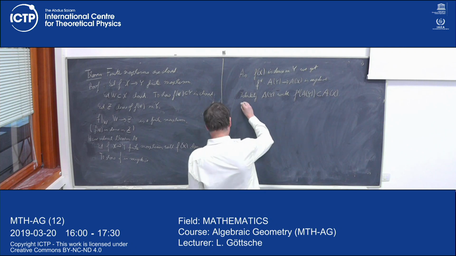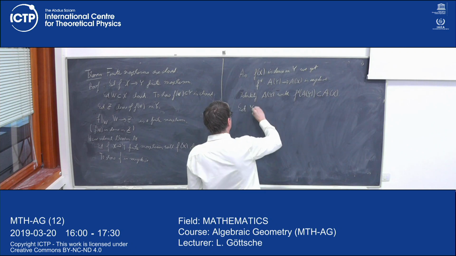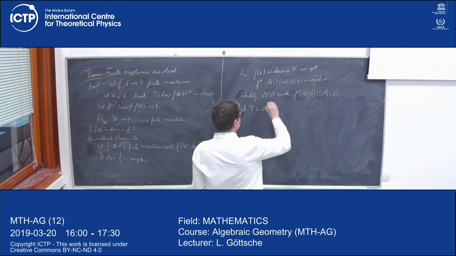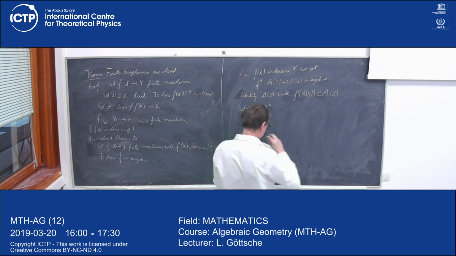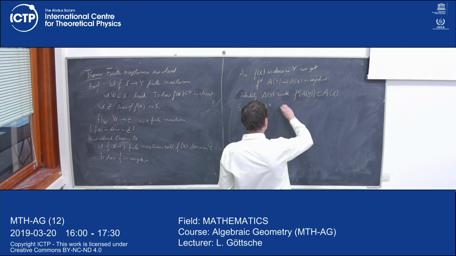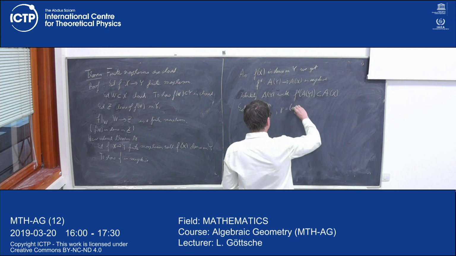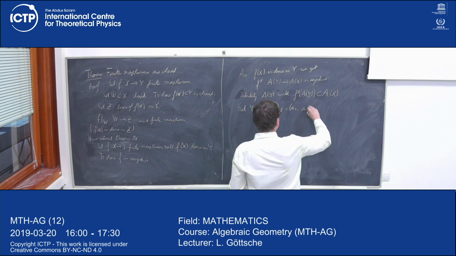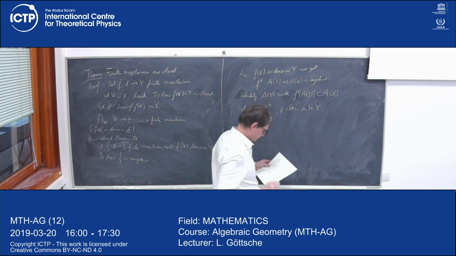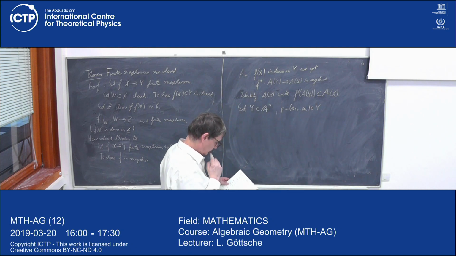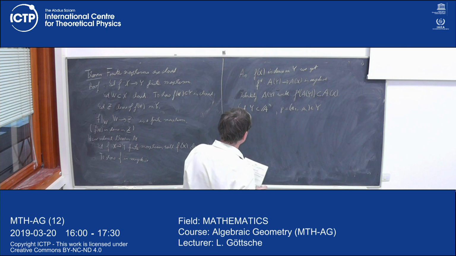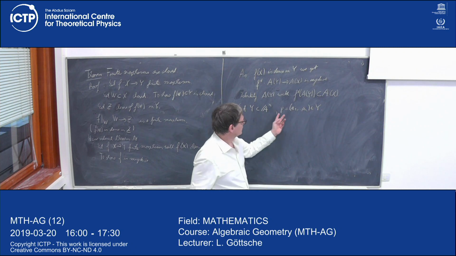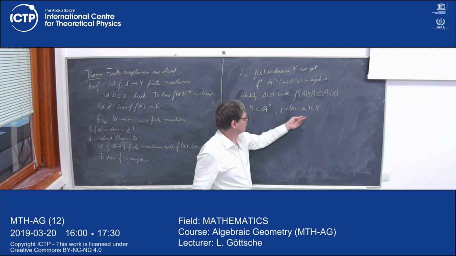So we assume that Y lies in some fixed A^N, and P equal to (a1, ..., aN) is a point in Y. And so let's look at the ideal of this point.